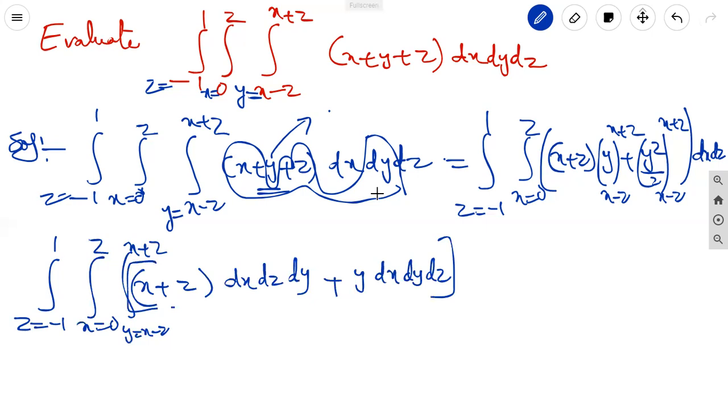That way we can write it, or simply we can write x plus z plus y into dx dy dz.